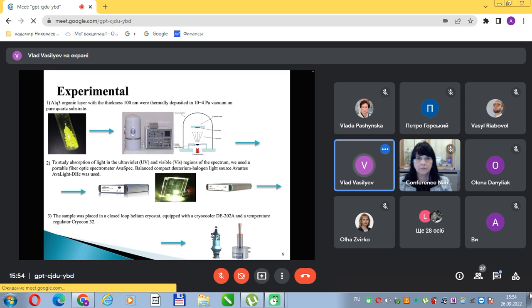To study absorption of light in the ultraviolet and visible regions of the spectrum, we used a portable fiber optic spectrometer and a compact deuterium halogen light source.